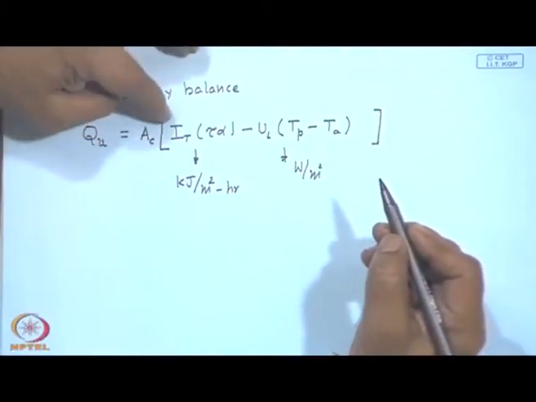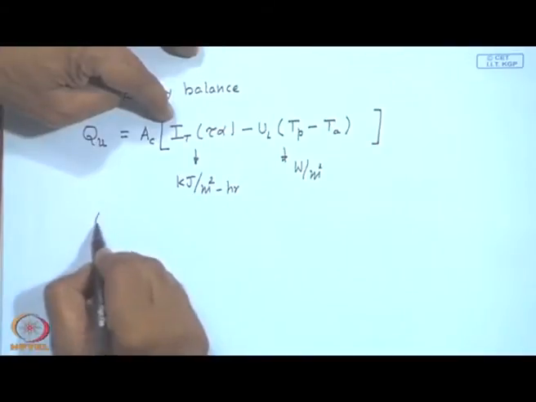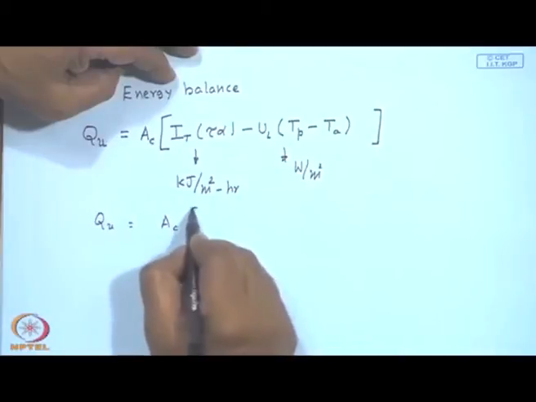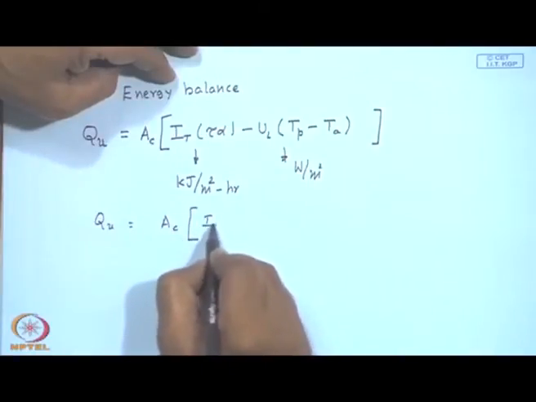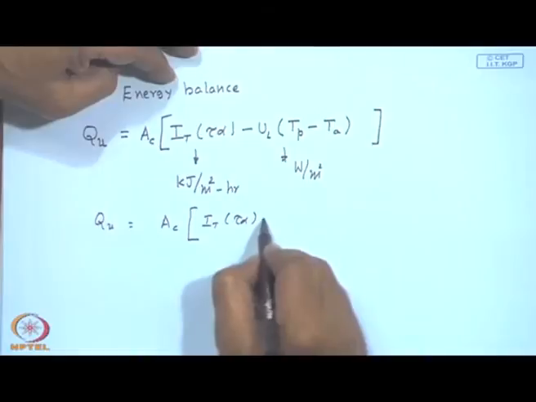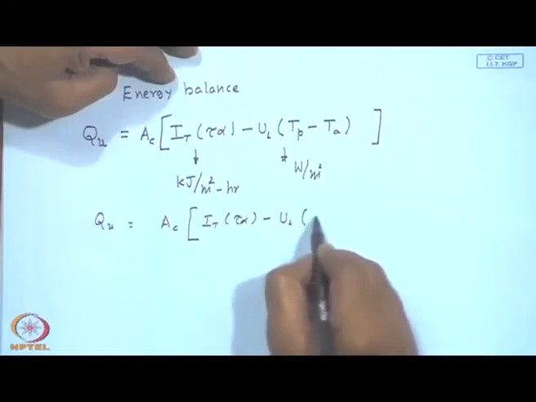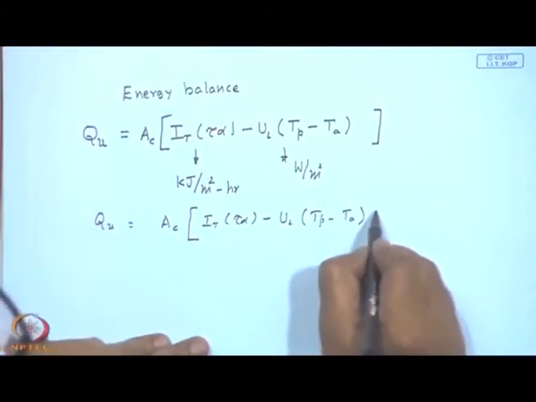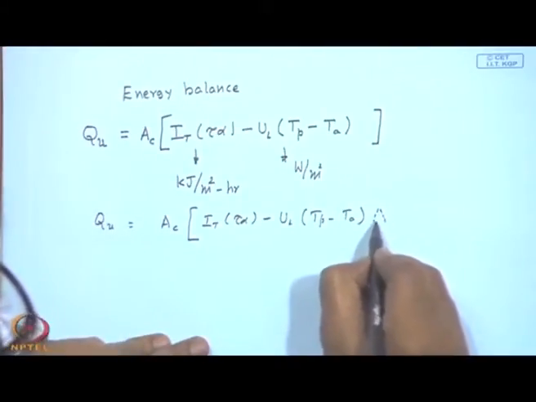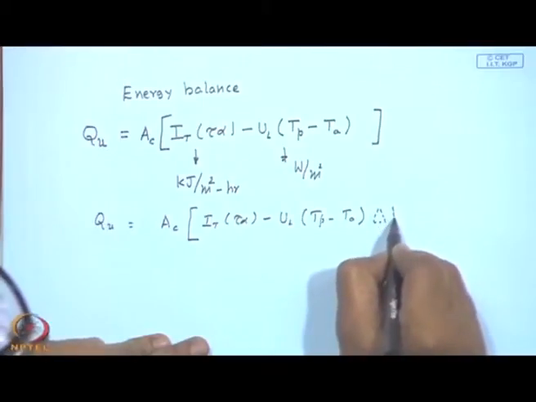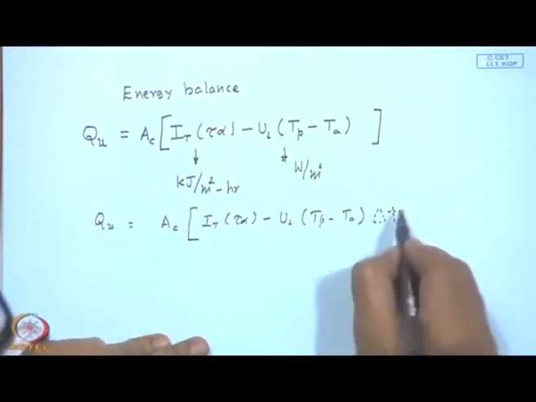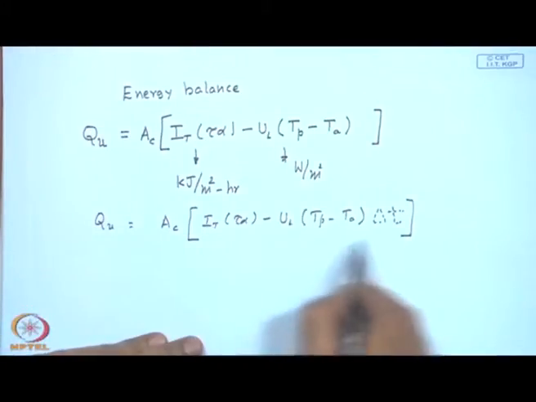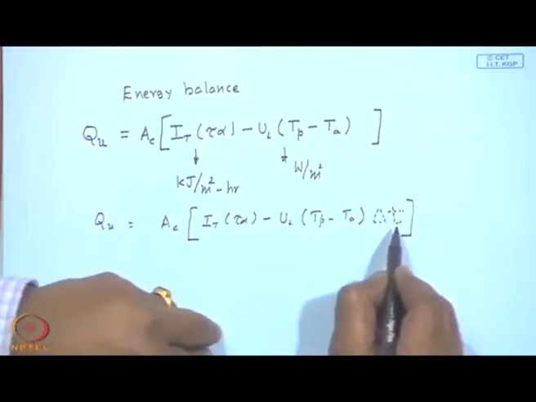So, if I am using an hourly time interval, strictly speaking, my Q u should be A c times I t tau alpha minus U L into T p minus T a, into some sort of hidden time factor delta T. If this is a period of 1 hour, this delta T is 3600.